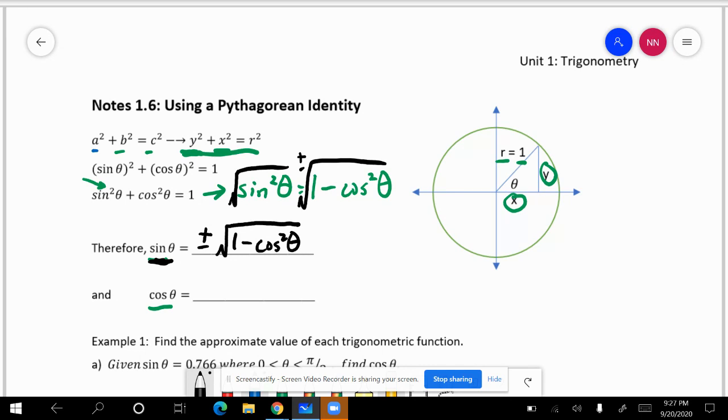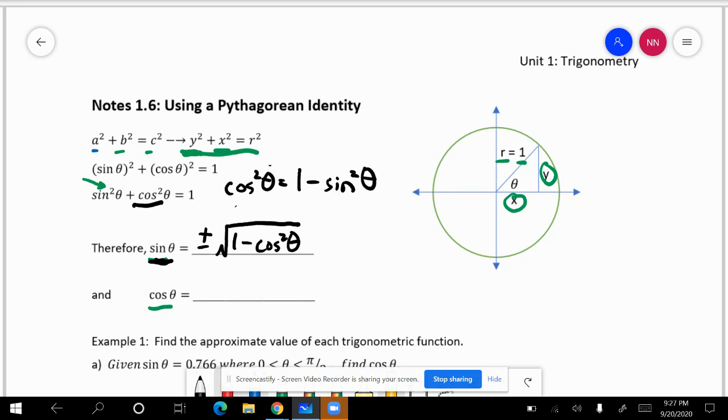Our second one is solving for cosine, and that's going to be similar to sine. We're going to get the cosine by itself, so we're going to subtract the sine. So we get cosine squared theta is equal to 1 minus sine squared theta. In order to get rid of the square, we're going to find the square root.